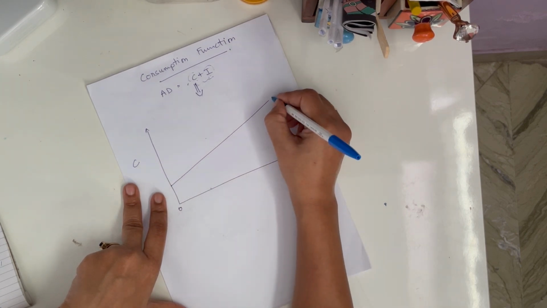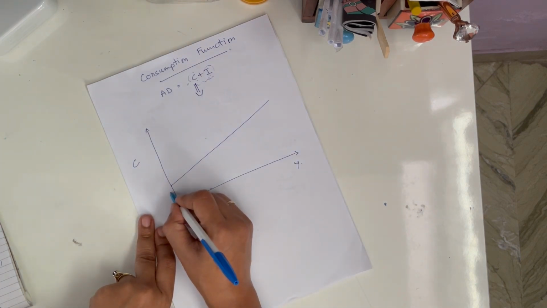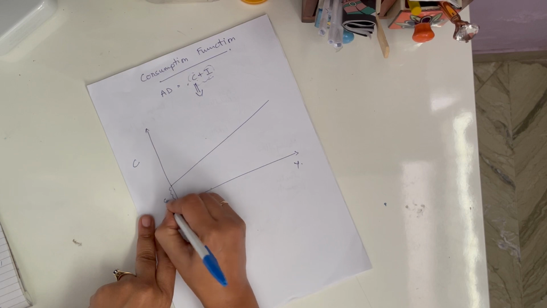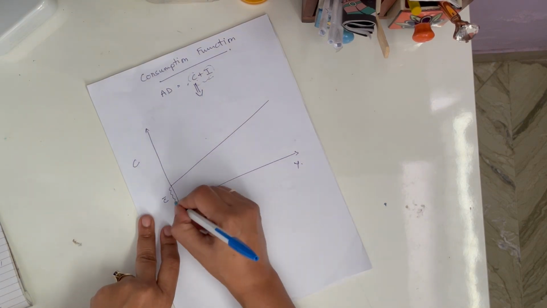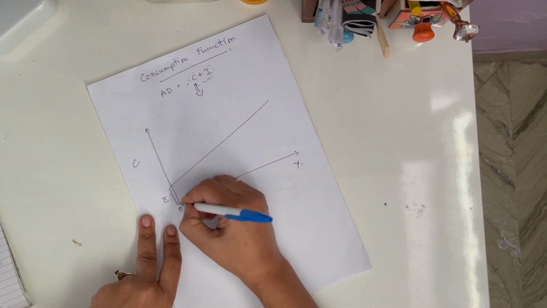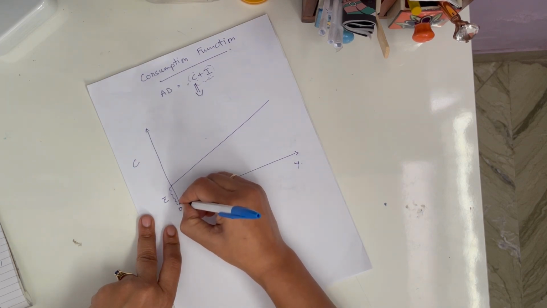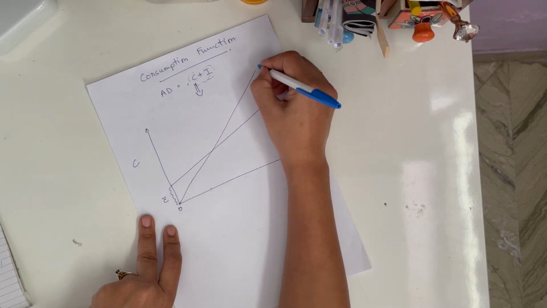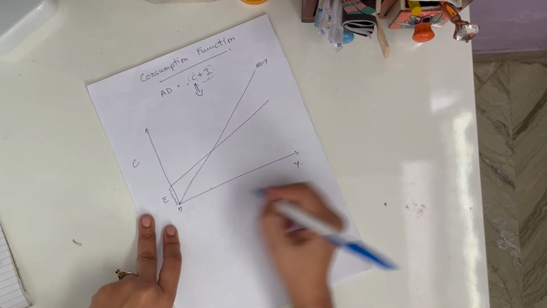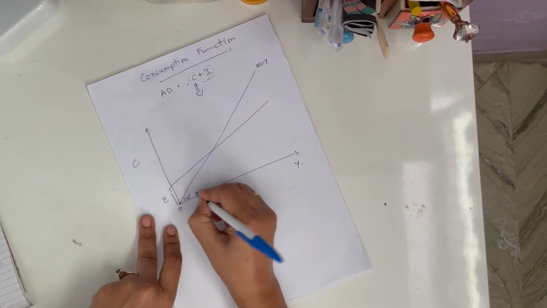It goes like this. So that's a consumption function. And we talked about how this is nothing but your consumption level even when your income is zero. All right. And we also talked in a previous video about this 45-degree line, right? Where your AD is equal to your Y. All right. So that's your 45-degree line.